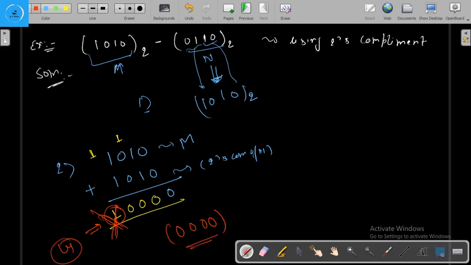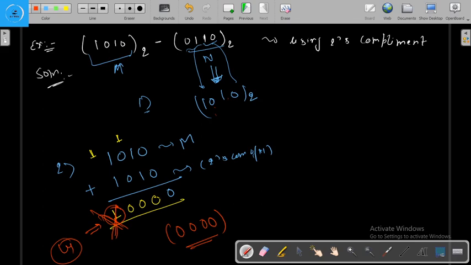Is this possible? We have made some mistake here. Okay, let's find the 2's complement of this again, then 0 1, okay, 0 and 1, and we are going to add.